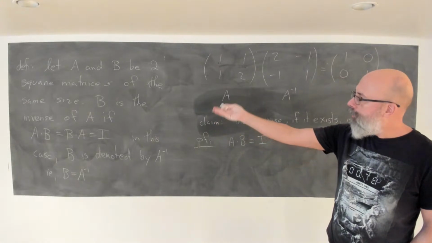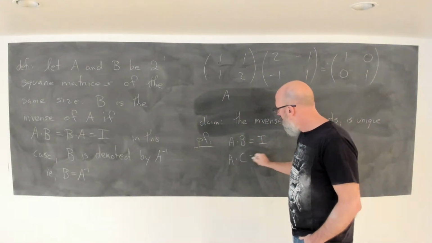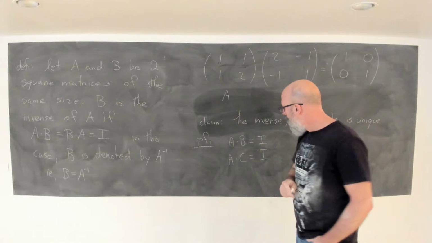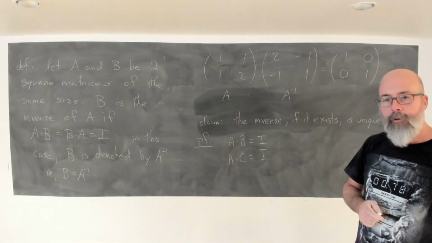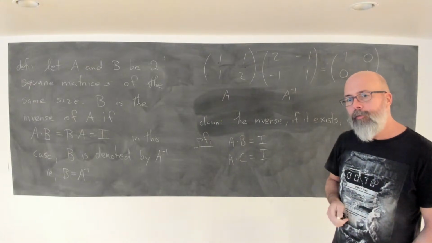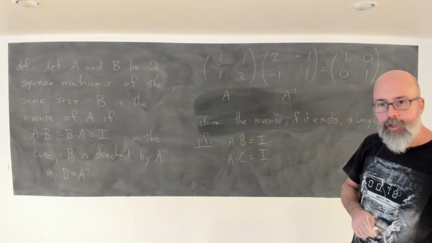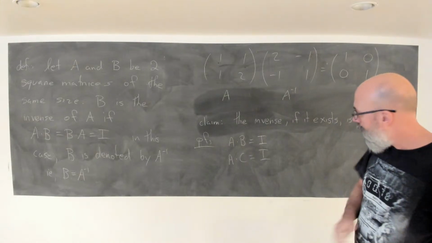Suppose you have another inverse. Then A times C is the identity as well. What we want to prove is that B and C are the same matrix. Let's prove it.